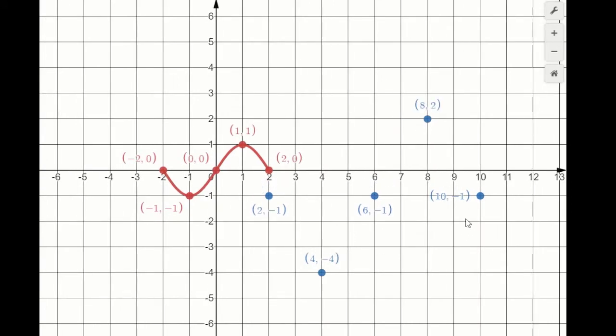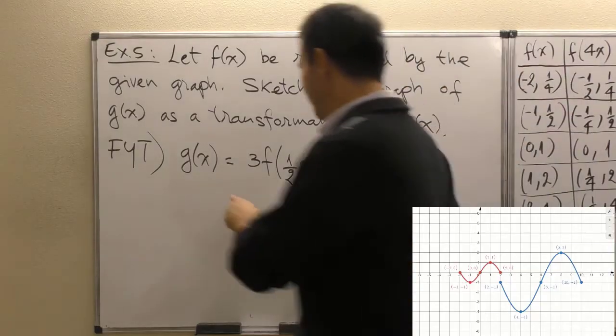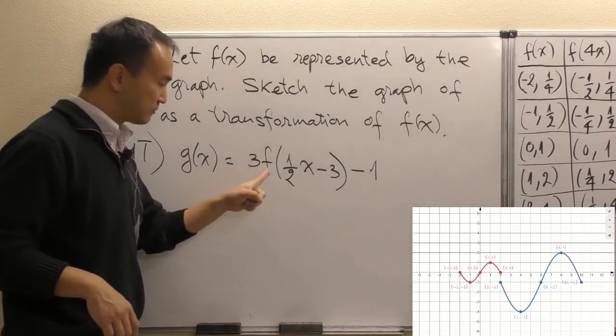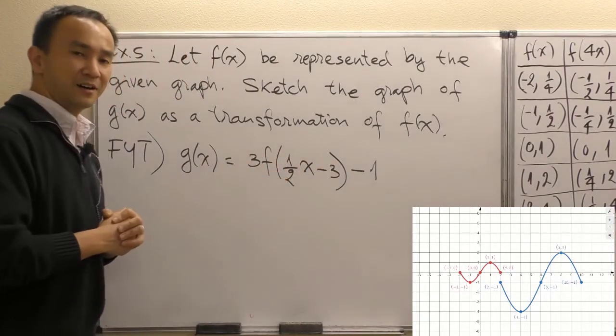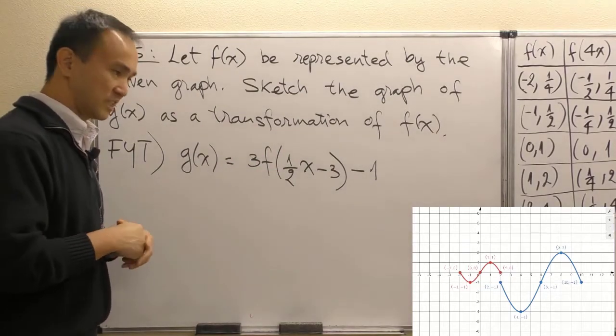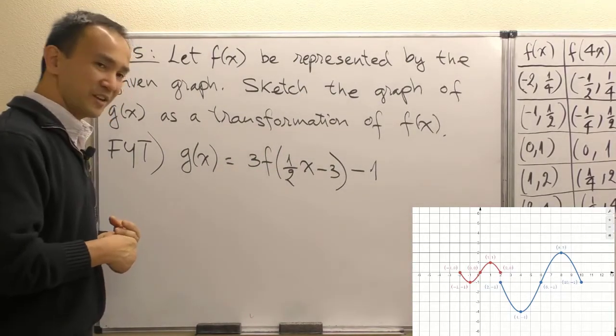And now this is the graph. That is, this graph here in blue is the graph of the function g of x equals 3 times f of 1/2 x minus 3, minus 1. You can double check for consistency in our work there.